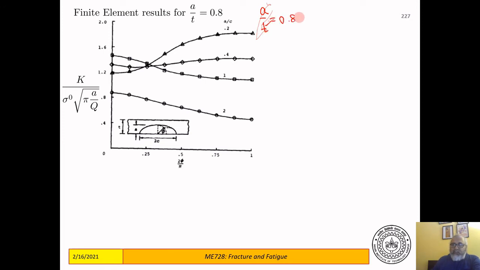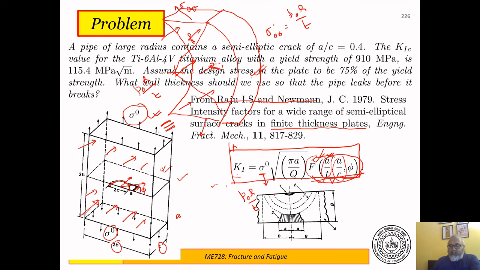What we are basically assuming is once this crack has reached A of about 80% of the thickness, this is your A, and once A by T is about 0.8, then this snap through happens, and this A by T equal to 0.8 is the limit after which we cannot stop this crack anymore. A by T of 0.8 is almost the same as A by T equal to 1. So we design it for A by T equal to 0.8.